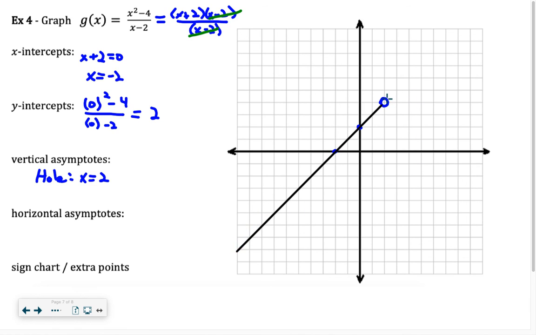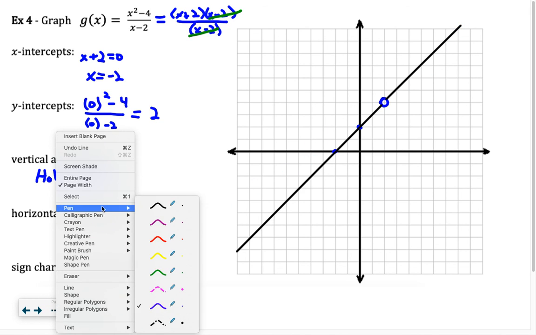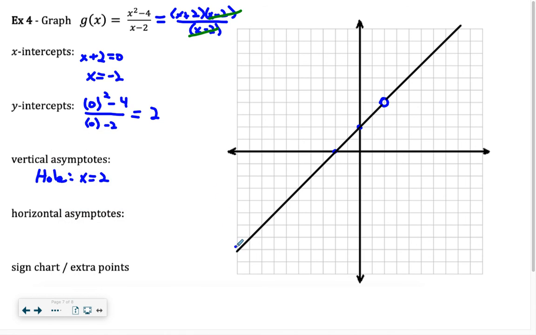I've got a hole, so I'm jumping over that hole and then continuing like that. So here would be the graph of x squared minus 4 over x minus 2. We were able to cancel out a factor, so this ends up just being a linear function with a hole at 2. Okay?